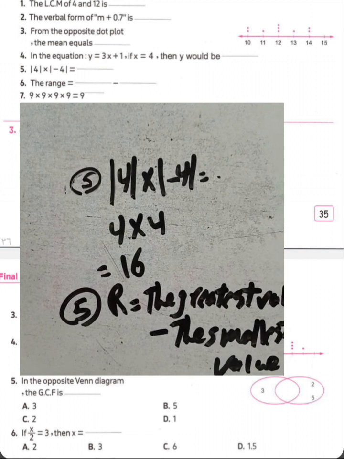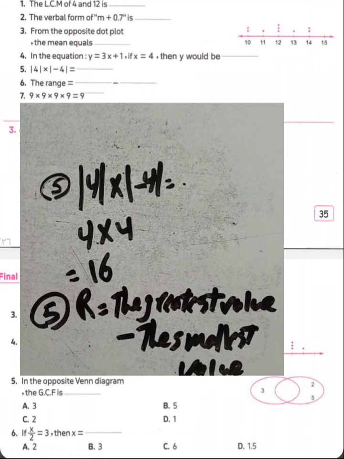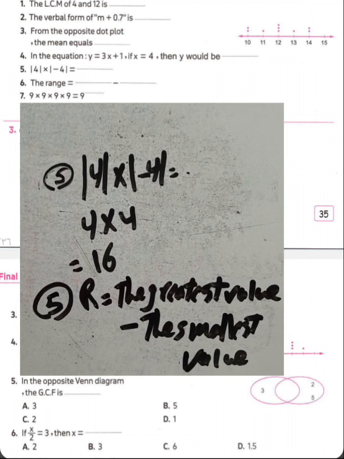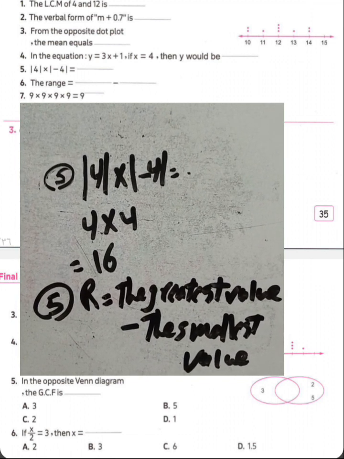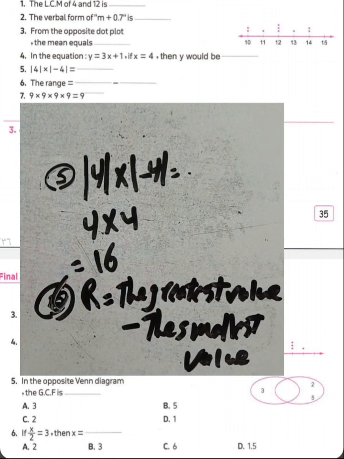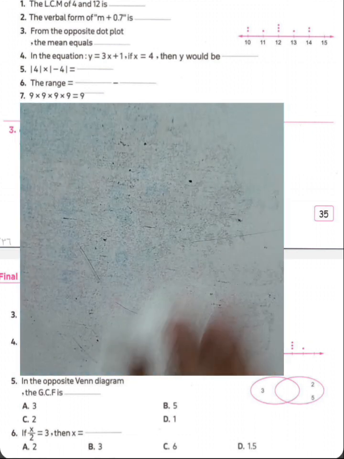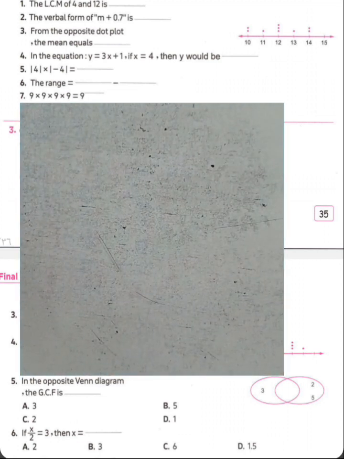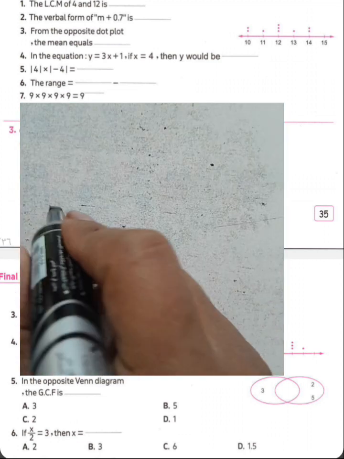The greatest value minus the smallest value. We can write the range equals the greatest value minus the smallest value. It's question number 6. The range equals the greatest value minus the smallest value.